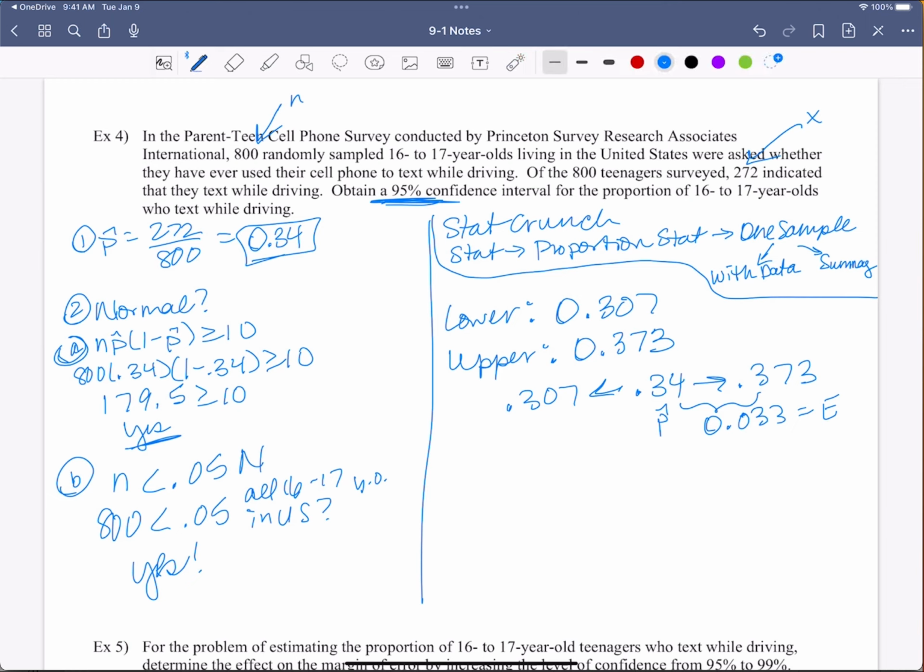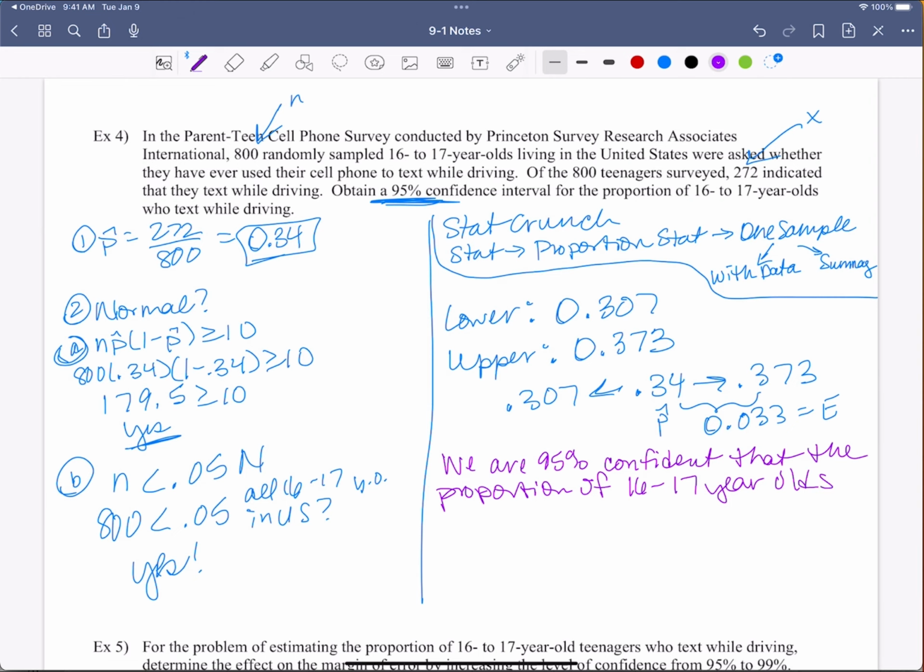So let's write out our statement, because remember we said we're always going to write that statement out. So we are 95% confident that the proportion of 16 to 17-year-olds who text while driving is between 0.307 and 0.373.